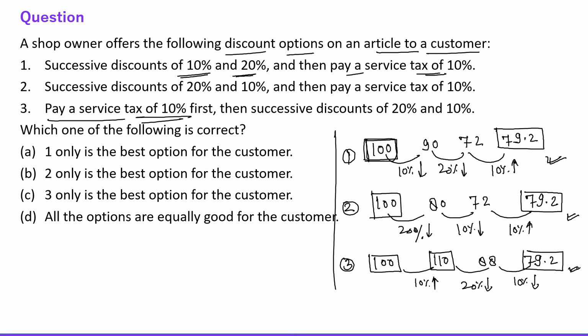Okay. So question is saying which one of the following is correct. So D option, all the options are equally good for the customer. Here all the options are equally good for the customer because he has to pay the same amount in every offer. Alright. Okay. Now let's move to the other question.